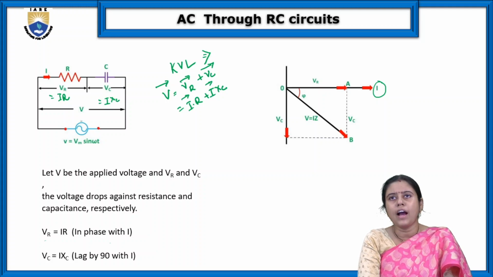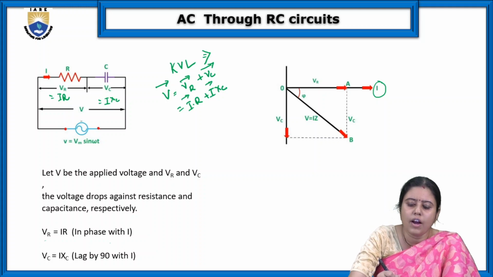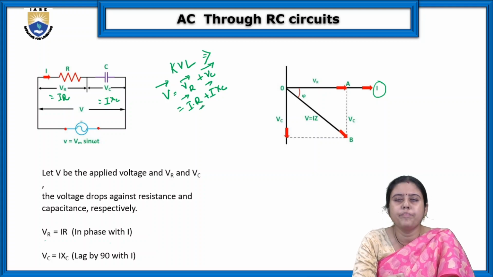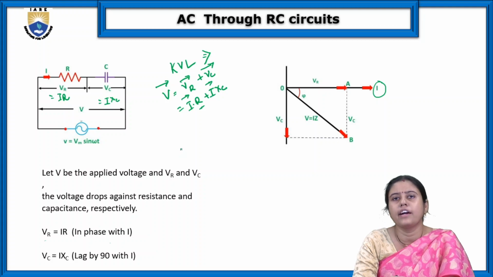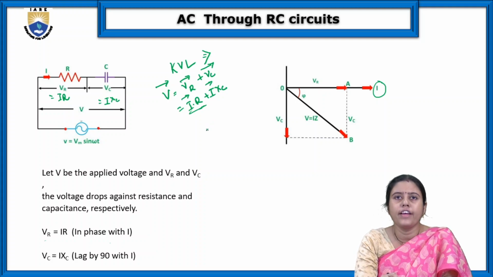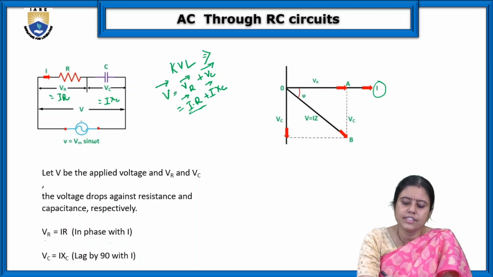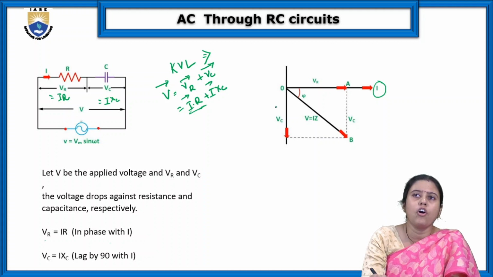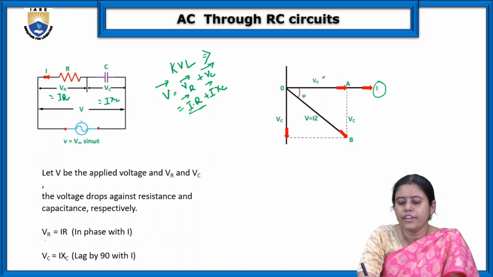Next, what is VR? VR is equal to IR. So it is the resistive portion, so it will always be in phase with current. As you can see, V is equal to I into R. As this is a resistive voltage drop, it will always be in phase. So VR is equal to IR.